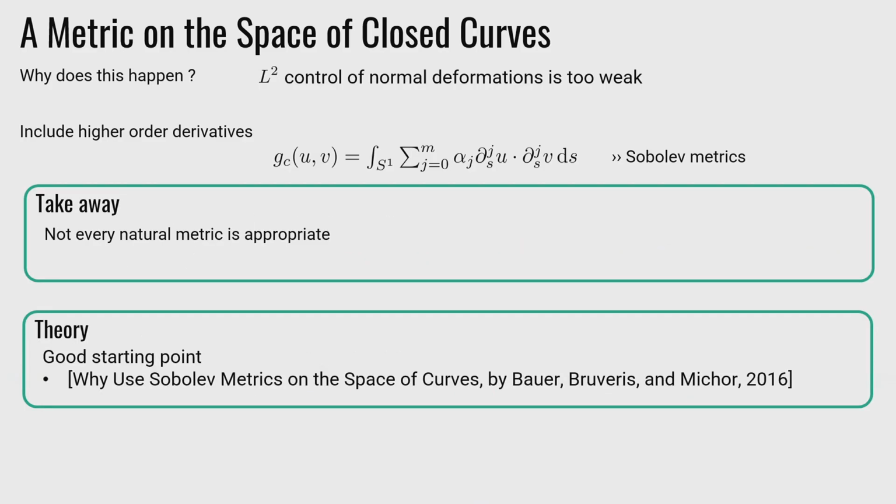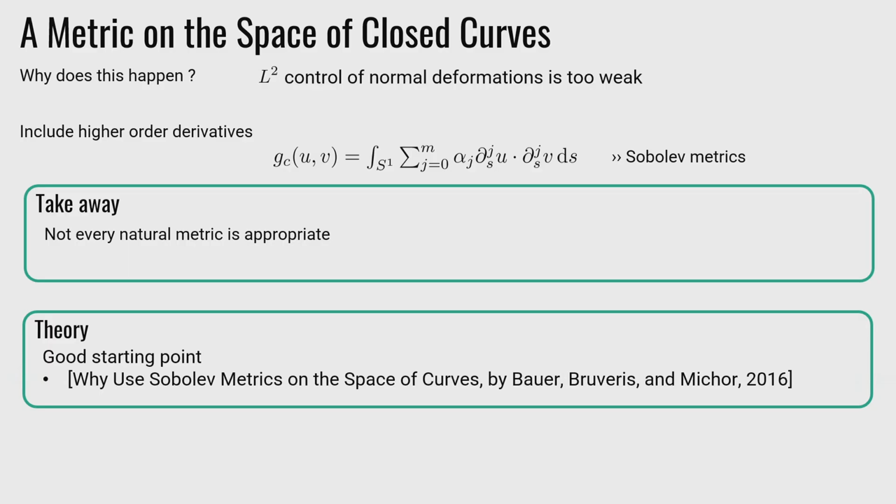So the takeaway of this example is that sometimes you have to be careful, because not every metric that you could think of or that you want to take is actually appropriate for your space. And especially on these Sobolev spaces of curves or also on surfaces, there's a lot of mathematical theoretical groundwork on when geodesics exist and when they have regular solutions.